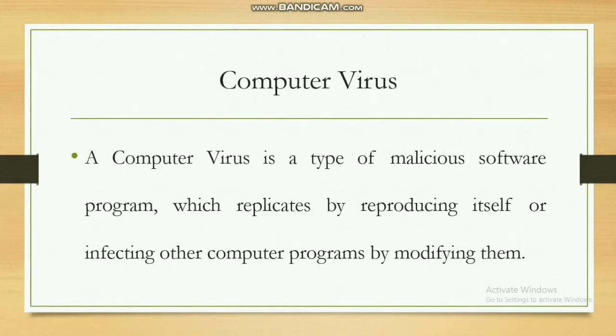So, what is the definition of a computer virus? A computer virus is a type of malicious software program which replicates by reproducing itself or infecting other computer programs by modifying them. When a virus infects your body, it starts replicating in your body and it shows certain symptoms.